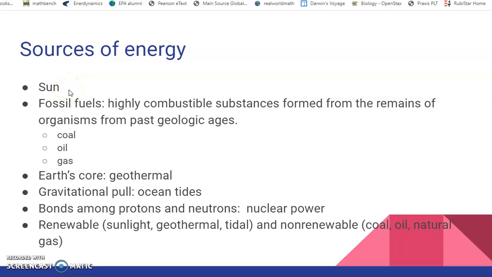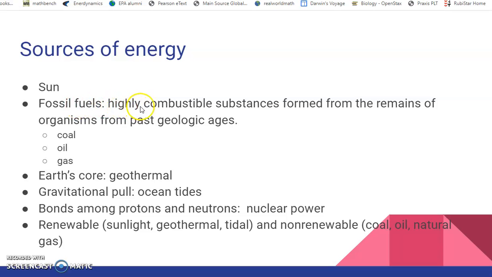So it could be solar energy. Don't forget, though, the sun also drives things like the winds, right? And it's responsible even for fossil fuels because those fossil fuels were at one point either organisms or plants that were growing. So that's how that carbon actually got sequestered, through photosynthesis at one point in time.